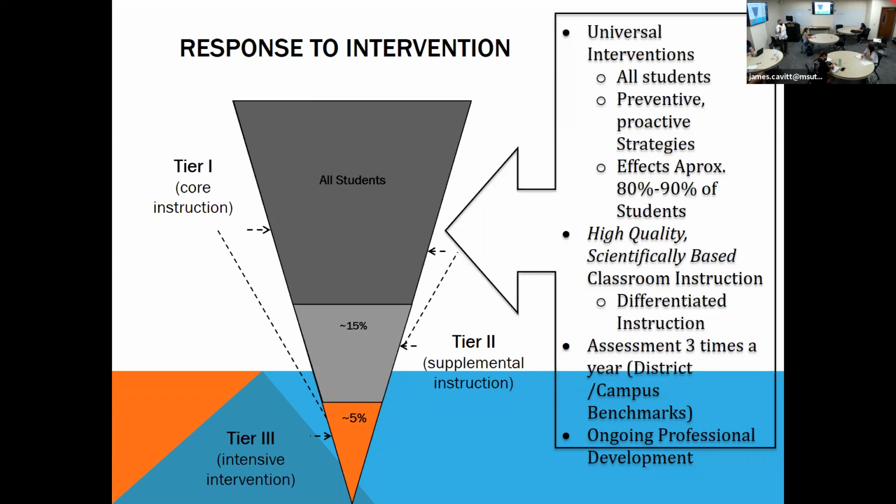You assess about 3 times a year, at the beginning, the middle, and the end of the year, usually campus benchmarks. And then you as a teacher should get ongoing professional development every year to help better serve your students. So that's Tier 1.